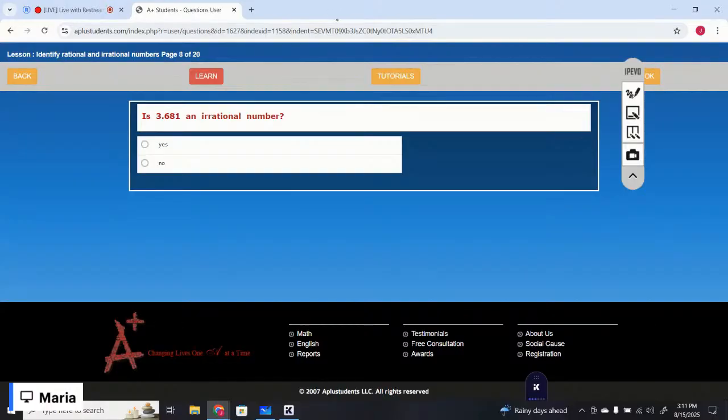Is 3.681 an irrational number? No, that is not an irrational number.